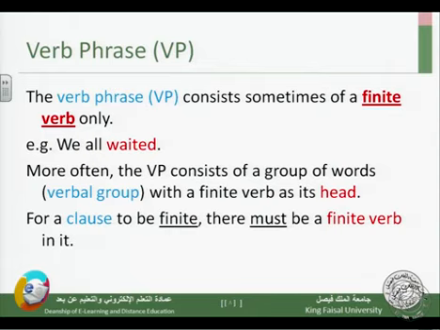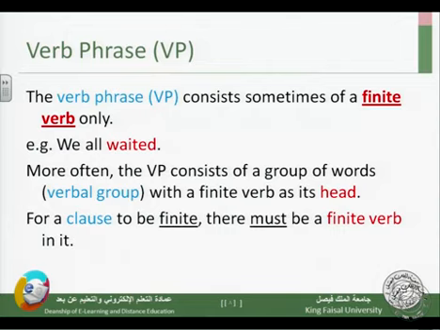More often, the VP consists of a group of words, which is called a verbal group. So the VP can be one finite verb, or it can be a verbal group. And this verbal group has a finite verb as its head. You remember we mentioned what is the head, and in verbal groups we have a head which is a finite verb.